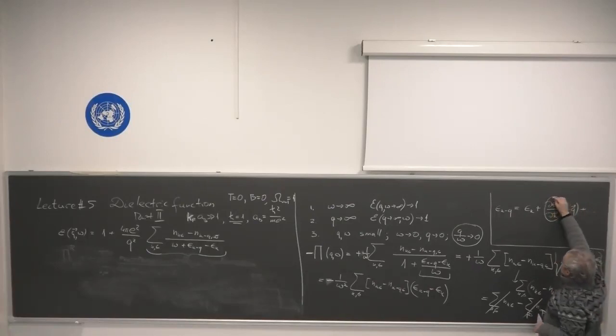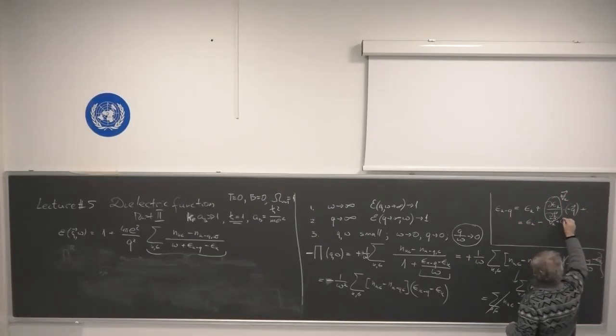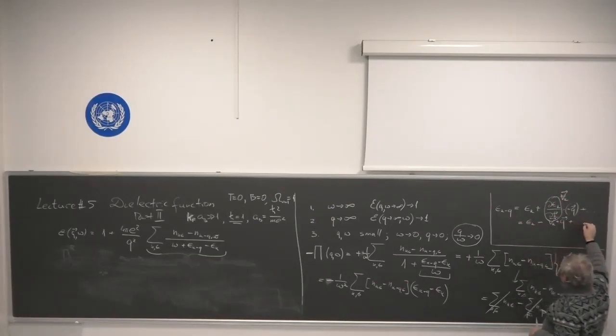So this is plus the group velocity v k. Therefore, this is equal to epsilon k minus v k scalar product q, plus and so on. I do the Taylor expansion and keep only the lowest term in small q.